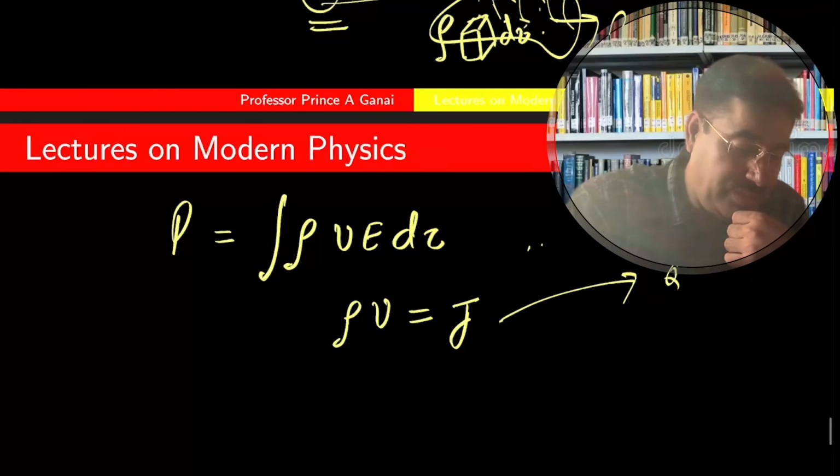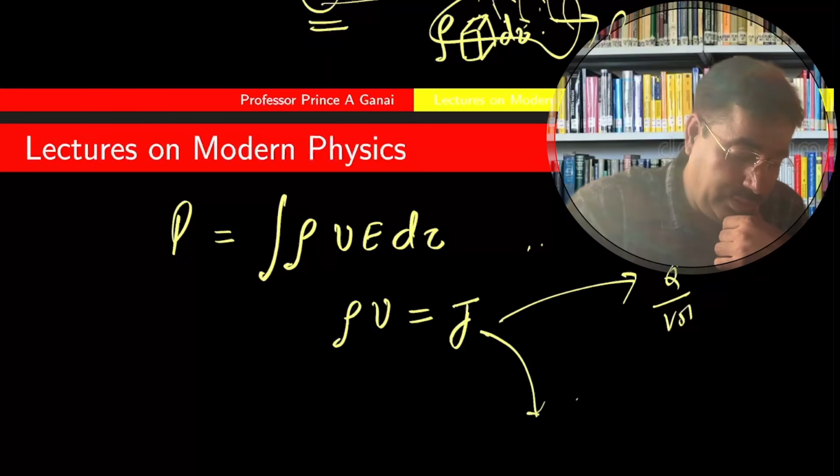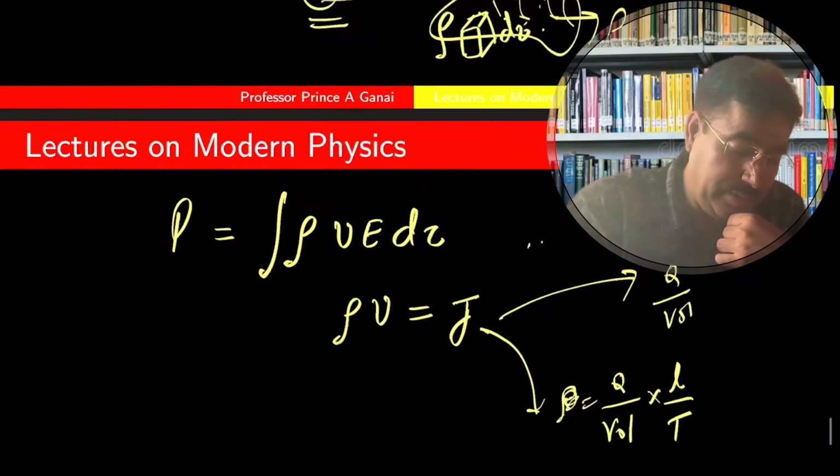Rho is charge by volume, and velocity is some length by time.